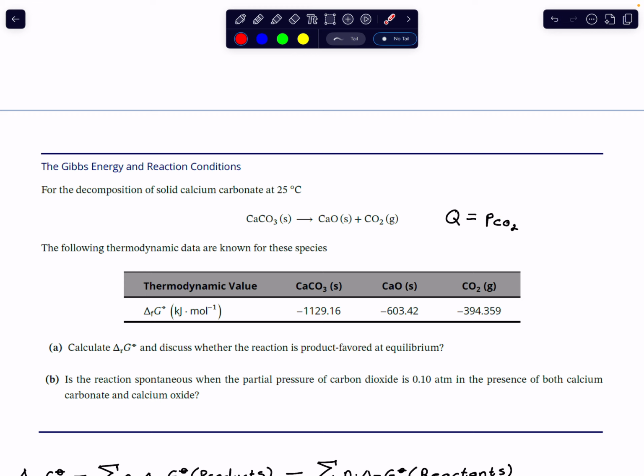So if you have a partial pressure of essentially 0, that means that the calcium carbonate, even though the equilibrium wants to predominantly form it, if you have none of the products, the reaction will say, well, we have to form a little bit of it. So initially it will be spontaneous in this direction until the equilibrium sets in, which will be a reactant favored equilibrium, and it will predominantly still be the calcium carbonate which is present.